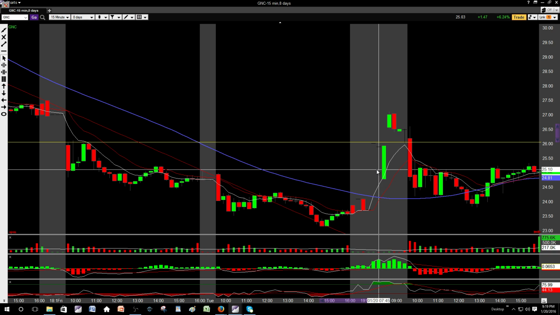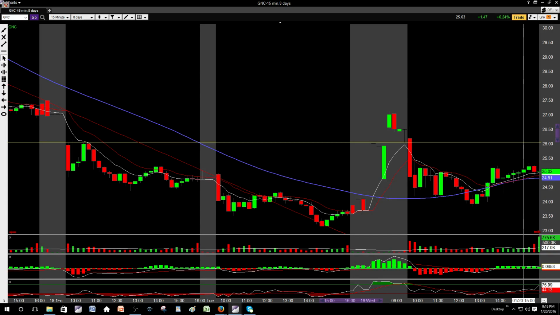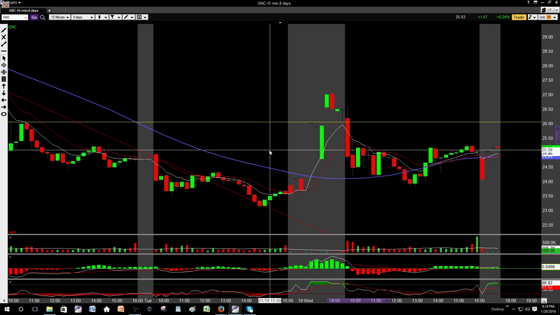Obviously, yes, if there's a weak catalyst, if there's some kind of fluff PR that was put out or something, then a gap up usually fades right into it. Also, if there is a gap up, like not today, the day before yesterday, right?